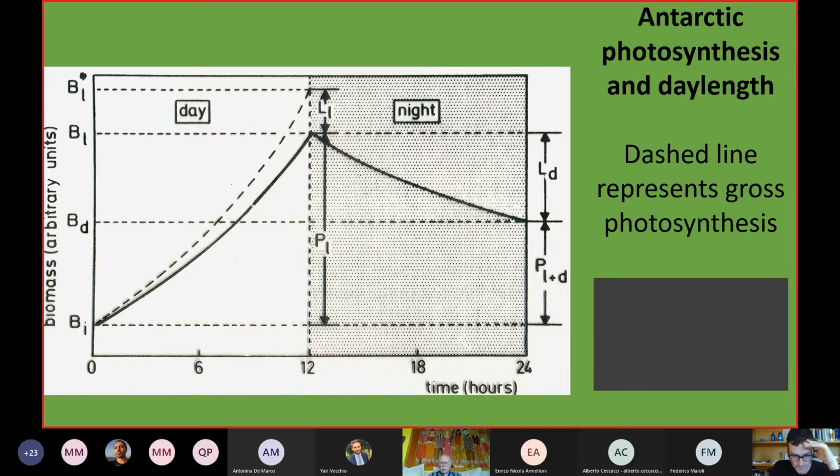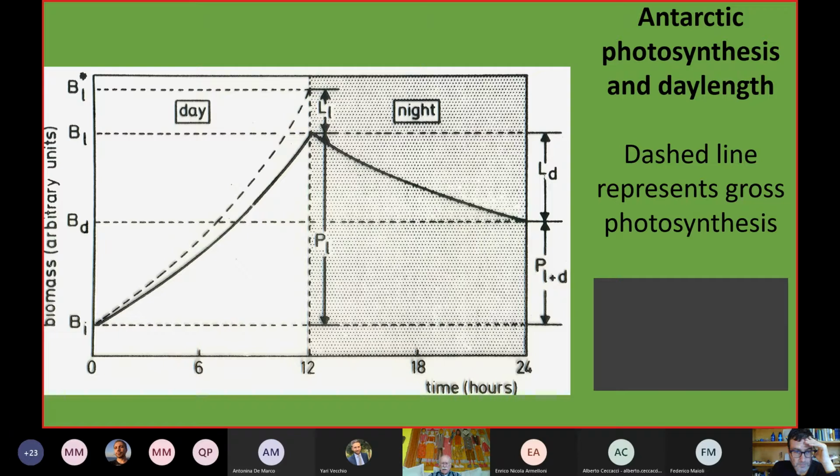By the way, the line is not straight, it's exponential, because during that time, the algae also increase in numbers. Otherwise, it would have been a straight line. The dashed line above it is what would have happened if there would have been no respiration.